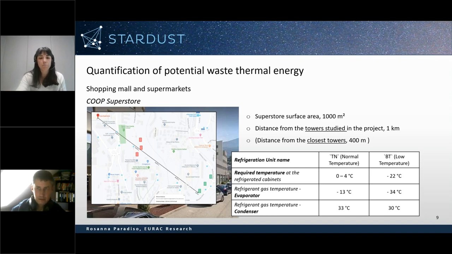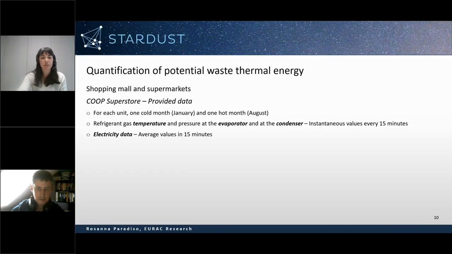They shared with us data of the month of January 2018 and of August 2018, because January and August are respectively one cold month and one hot month.